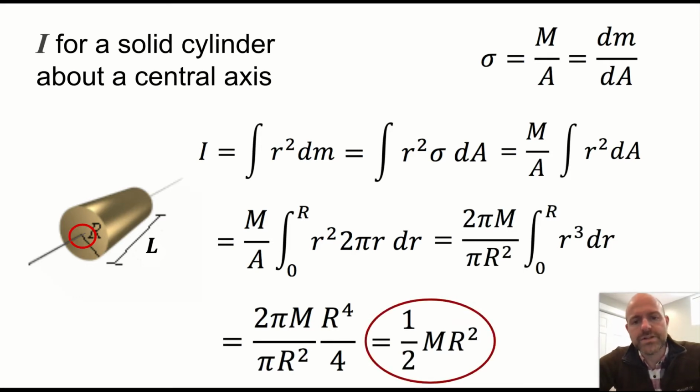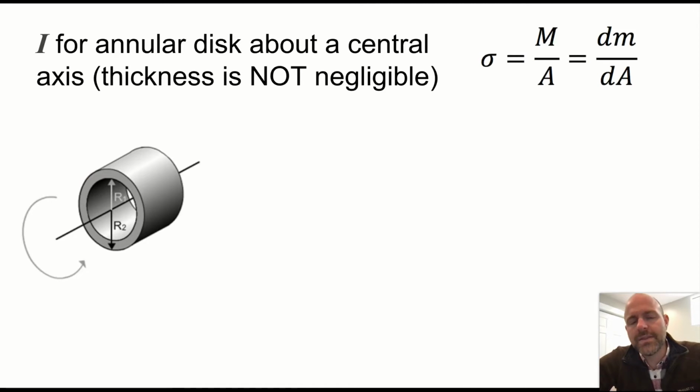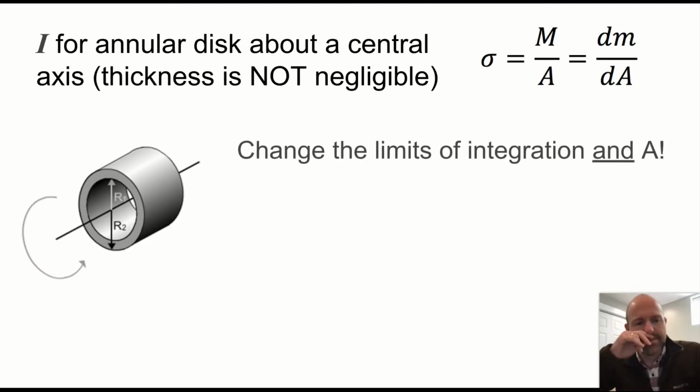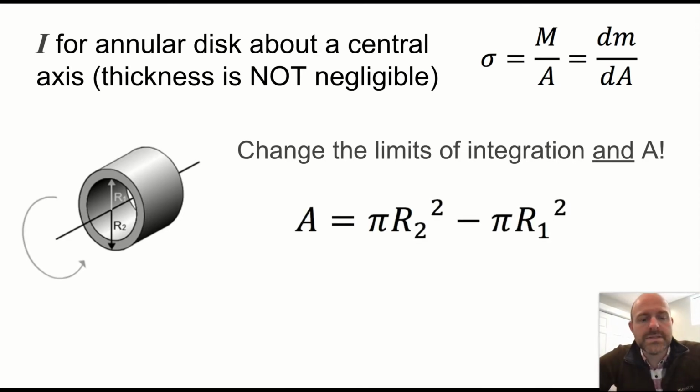The last one that I want to look at is for an annular disk about a central axis. So the thickness isn't negligible, but it's basically the same as this, right? It just has a cylinder cut out of the middle. We're still going to use the surface thing because it's the same as collapsing it down along the axis. All we're really doing is changing the area, because the area is no longer the area of a circle.